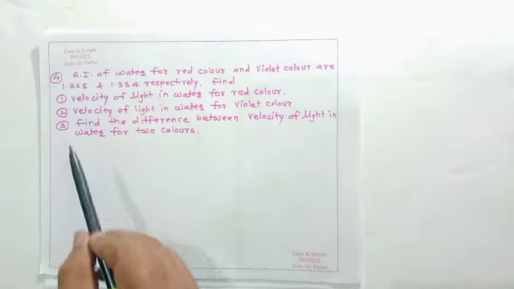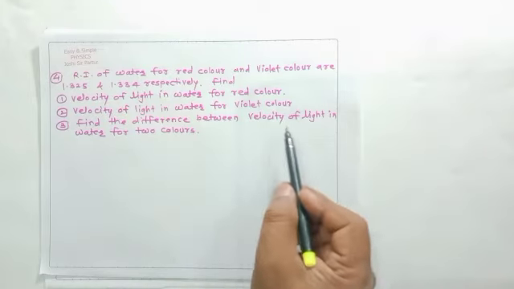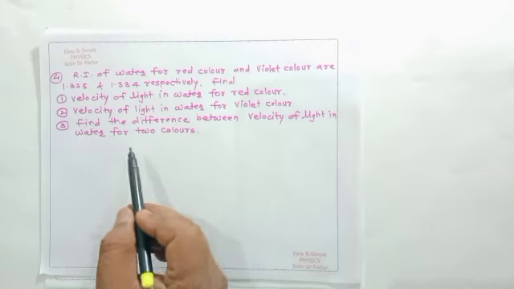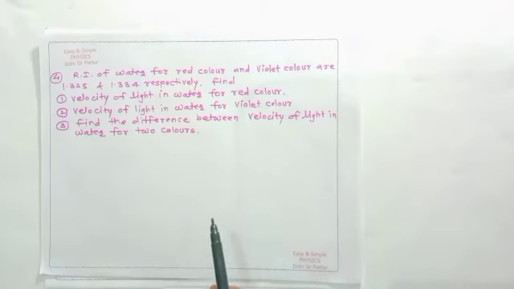Number 2, the velocity of light in water for violet color. And number 3, find the difference between the velocity of light in water for the two colors, red color and violet color.